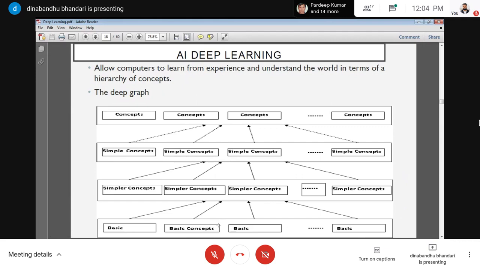What they try to do is extract the simpler concepts. These are the low level features. If we consider these as low level features, then this is a bit higher level, simpler features, but not very complicated. They convolve, rather.